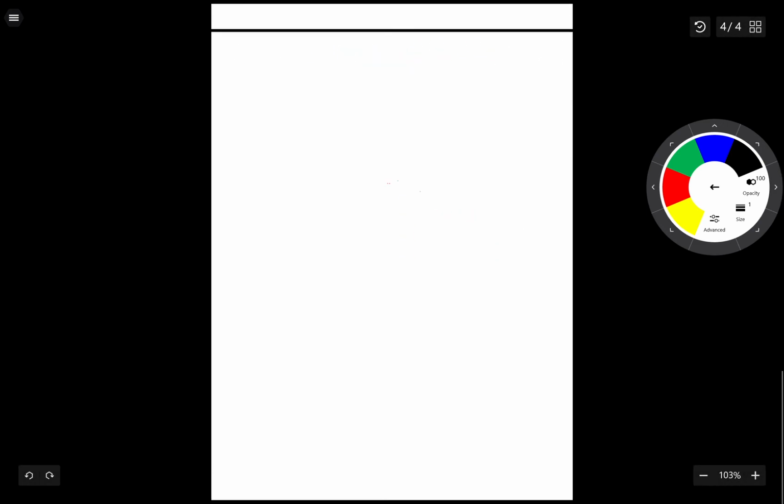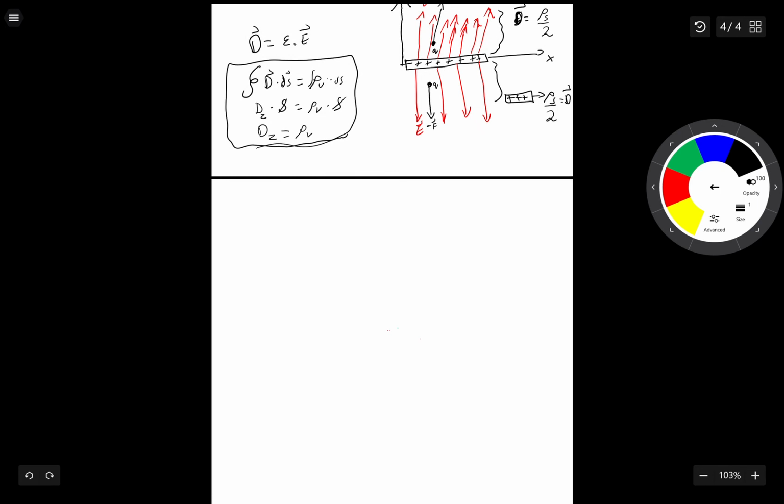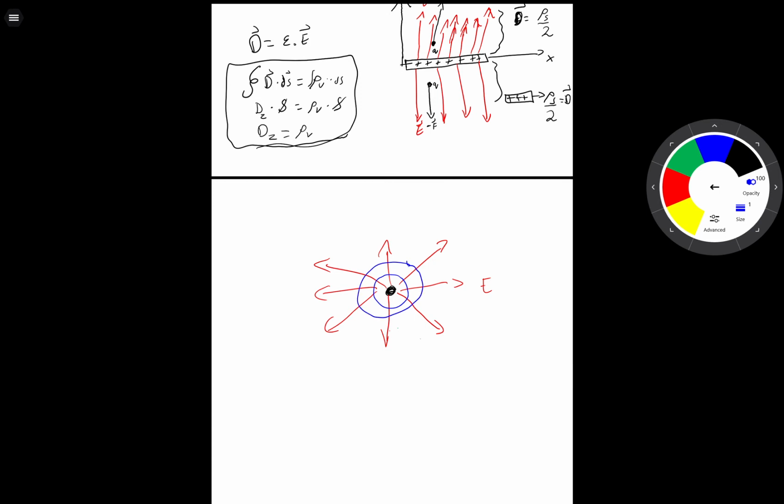Now, real quick, I want to talk about what equipotential surfaces are. Here I have my charge, and I know it's emitting electric field intensity in the radial direction. This is our E. I'll make these round circular surfaces around it. Because our electric field intensity is only dependent on the rho component, the field would be lower over here than over here, because our charge is closer over here.